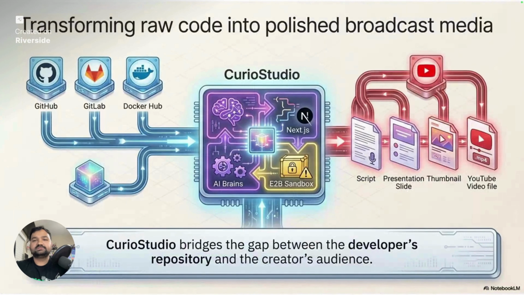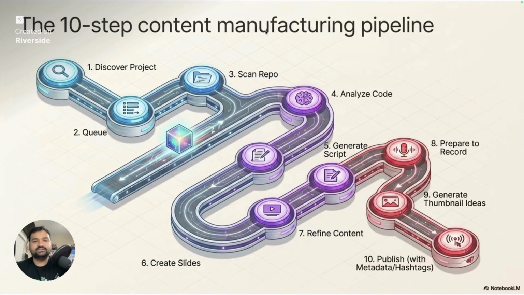Now the 10-step content manufacturing pipeline we can see over here. This slide shows the full content pipeline, where we discover the project. Step 2 is the queue, which we can queue it and scan the repositories, analyze the code.